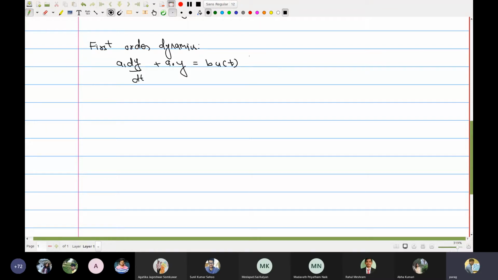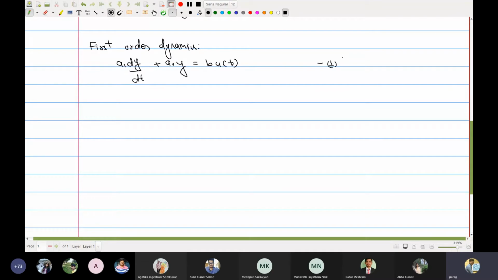Let us imagine that any differential equation which is first order, and which describes the dynamics of your system, can be cast in this form: A1 dy/dt plus A0 y equals B u(t). It is possible to cast any first order ordinary differential equation in this form.